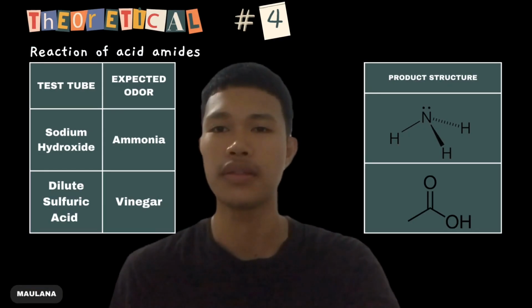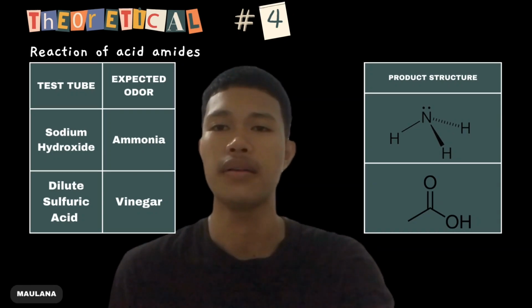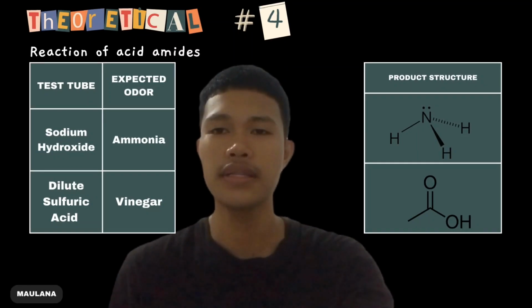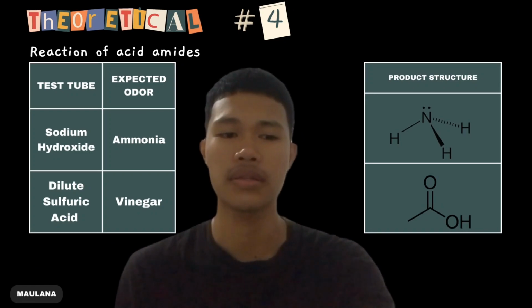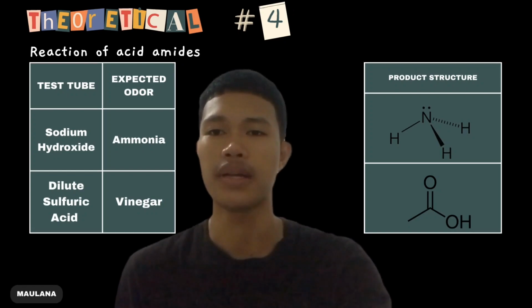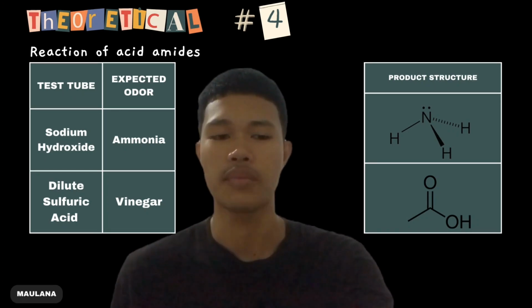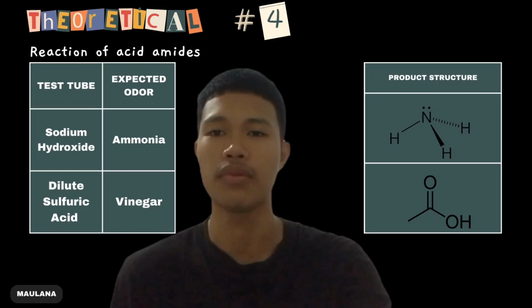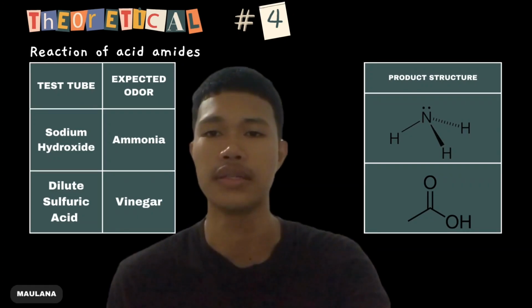At this moment, I'm going to discuss the expected reaction of a compound when it is mixed with amides. We use acetamide, which is an amide, a functional group containing a carbonyl group, or C double bond O. Mixed with a base like sodium hydroxide, acetamide undergoes hydrolysis, breaking the amide bond and releasing ammonia, or NH3, which has a characteristic pungent odor.